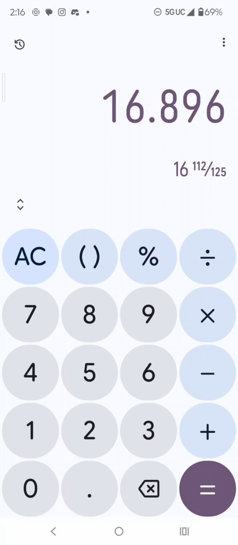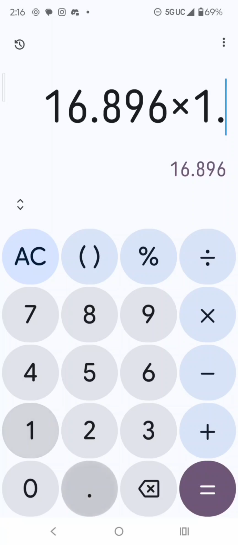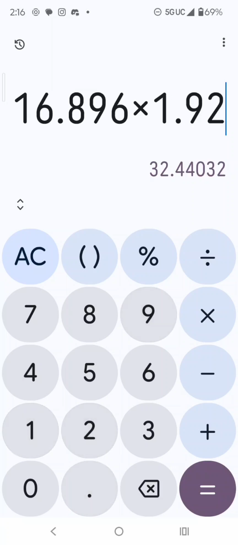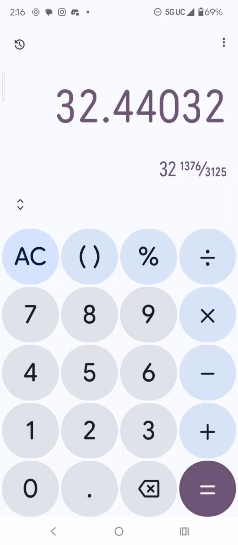So when you win the second one, times 1.92, now you have it set here. You got 32.4 there. Perfect. That's 1, 2. Just those two is 26%.